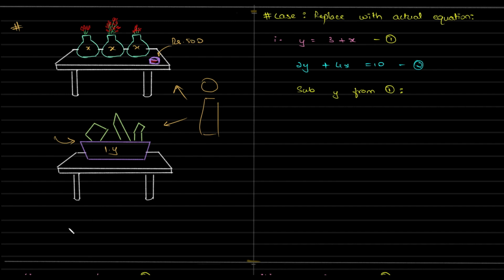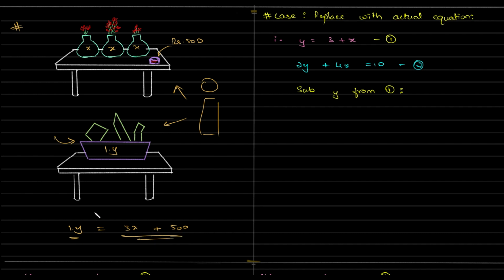So what you're looking at here is an equivalent priced item. So 1y is equivalent to x plus x plus x, that is 3x, plus 500. So this is what we are looking at. We're looking at a scenario wherein they add up to the same value. Basically, they're balanced. So you're going to replace this with an equivalent value being 3x plus 500.